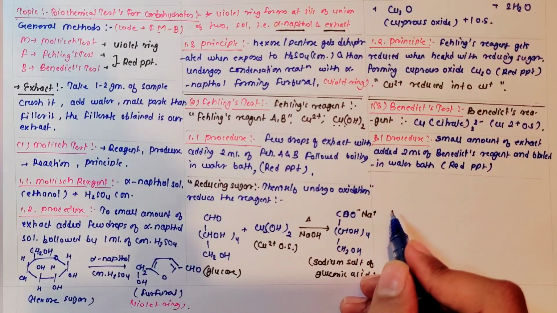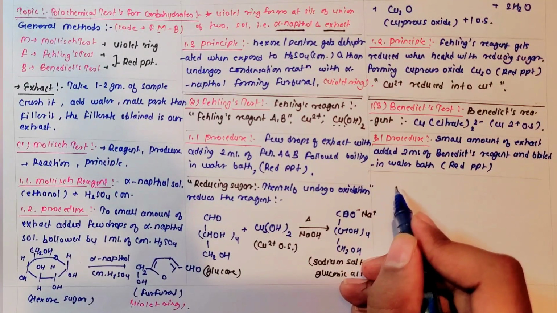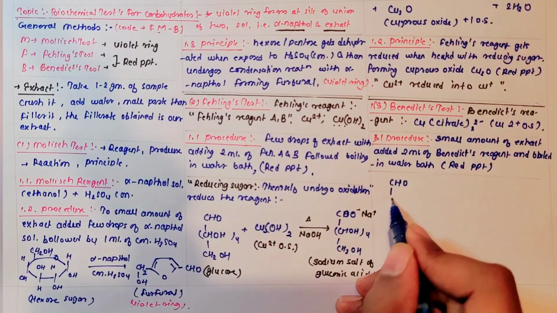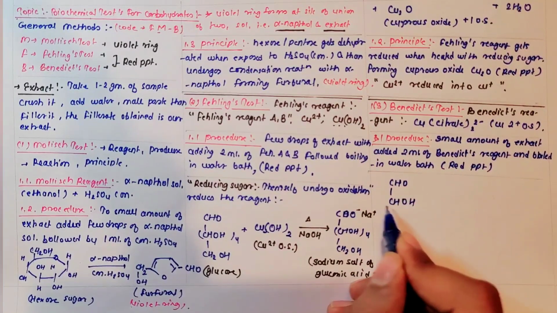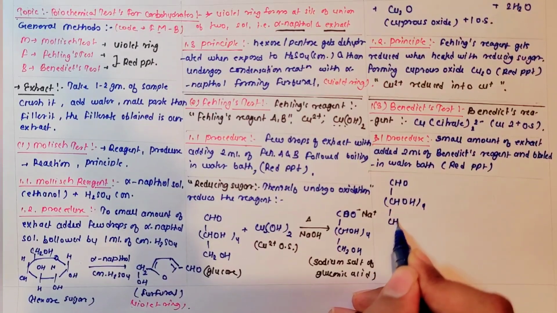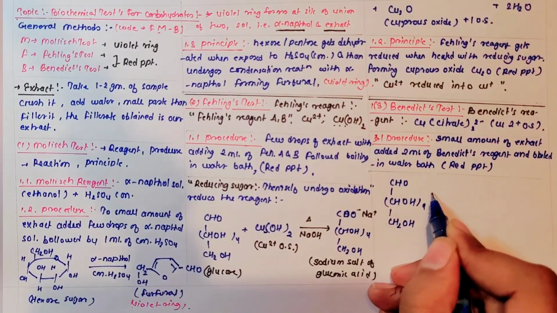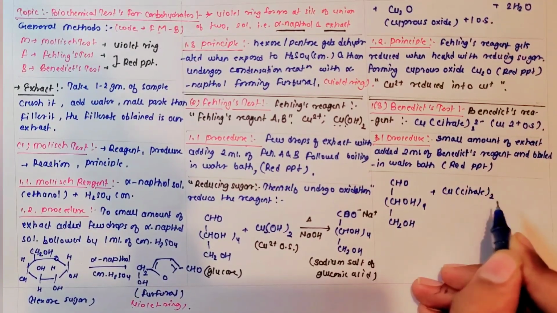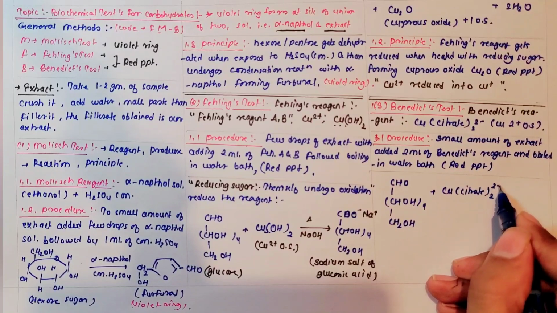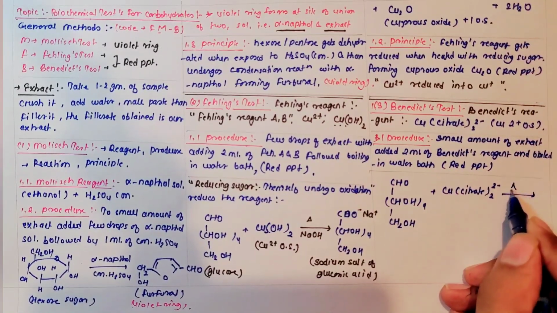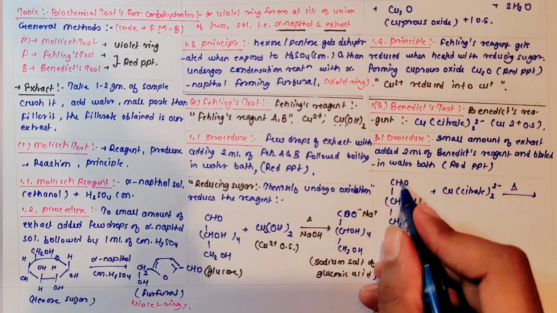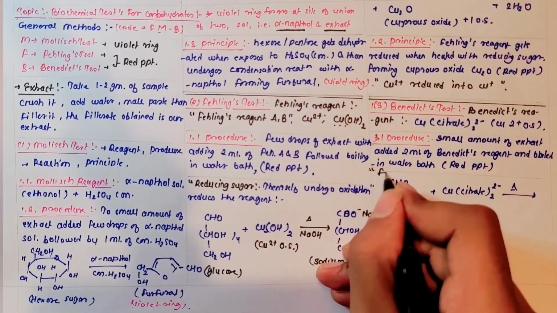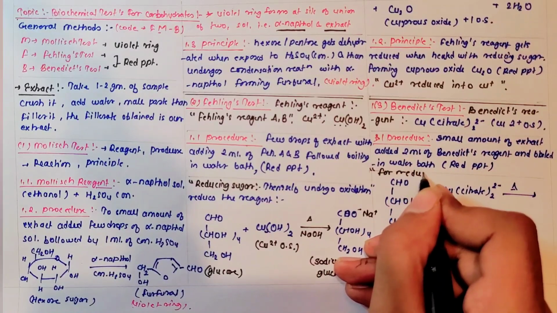Now for the reaction, of course we can take the example of the same glucose, CHOH4, CH2OH, plus Cu citrate 2-. When it is heated, it will get oxidized. That is another thing to be noted, this is for reducing sugars.